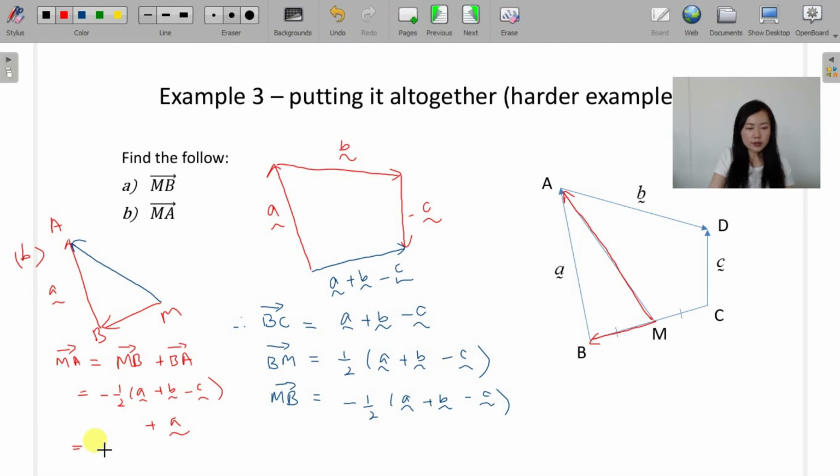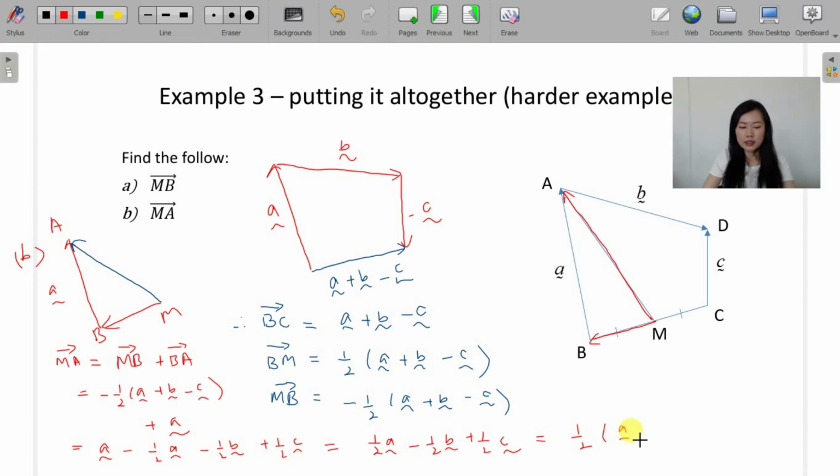I'm just going to expand it out and try to squish it all in here. So that's a half A minus a half B plus a half C. So that's a half of A minus B plus C. And that's the last vector there.